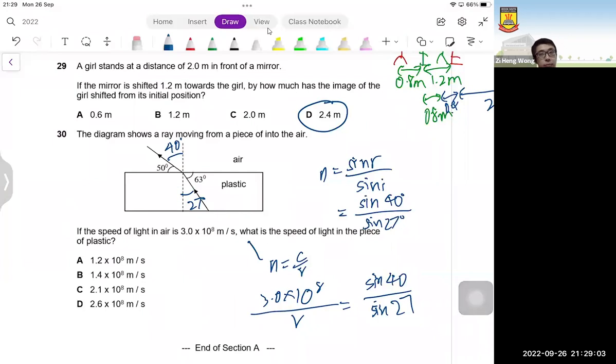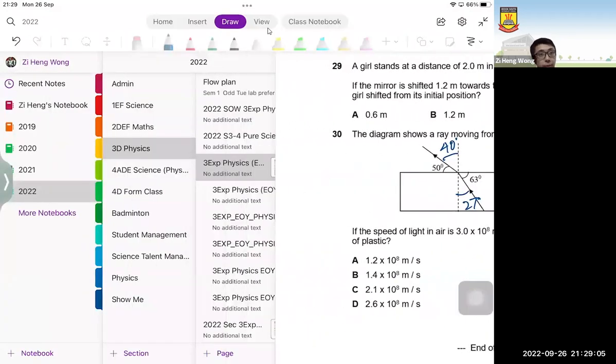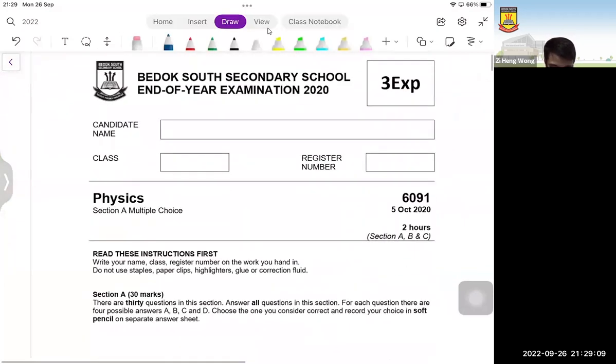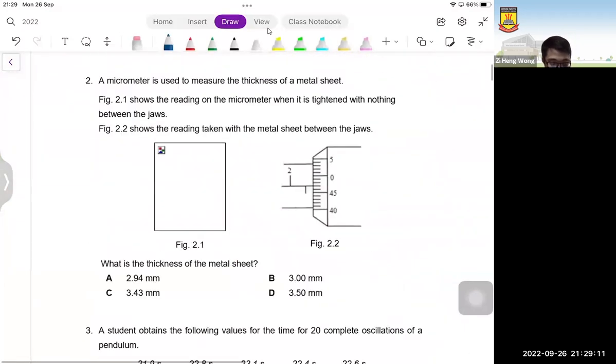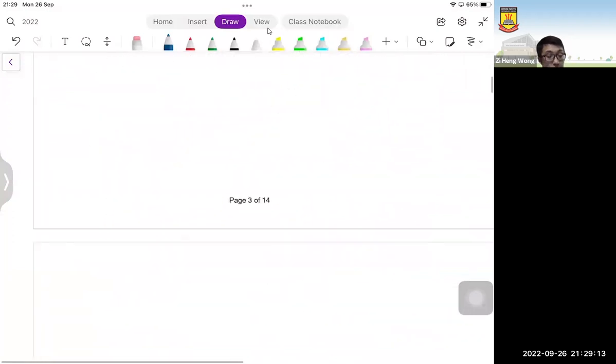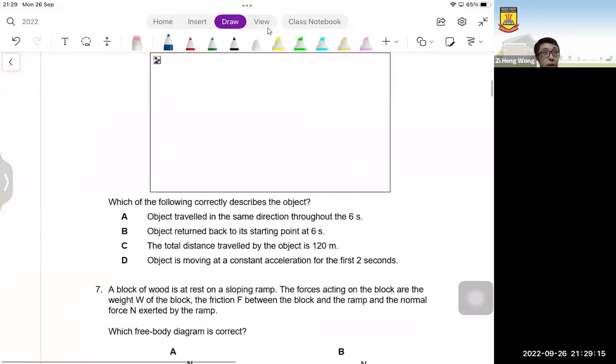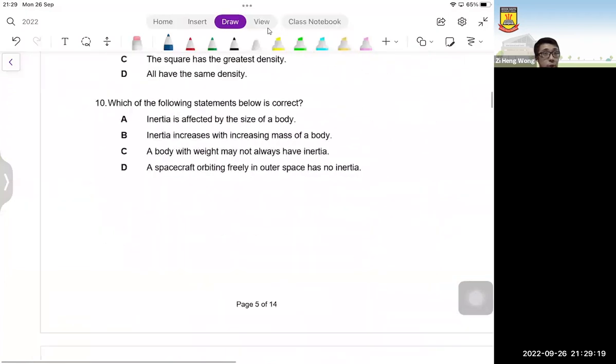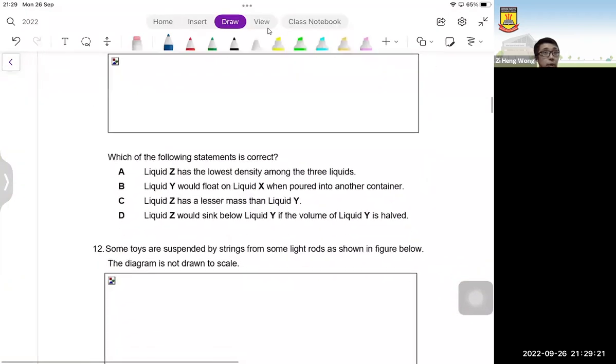Okay, shall we go through also the 2020 light question? Just go through the light questions. Of course I don't think in class I might have time to go through, so we at least go through some. Okay, all the diagrams are gone.